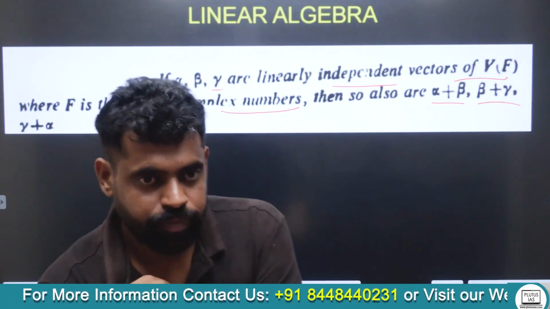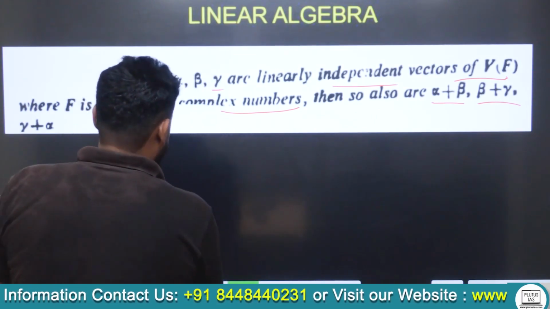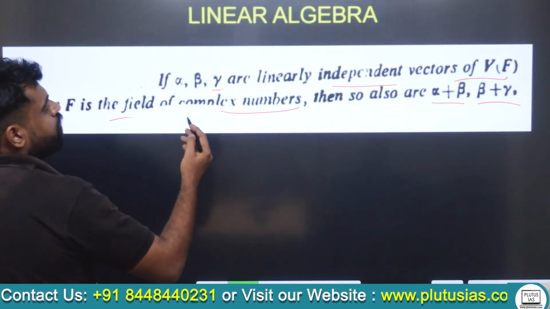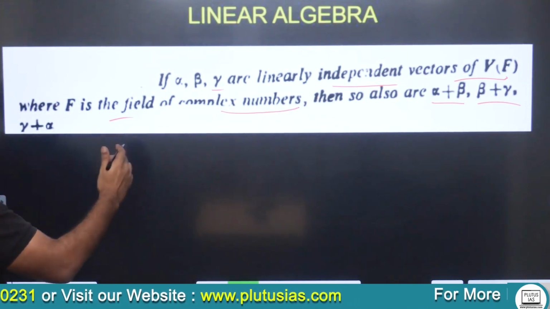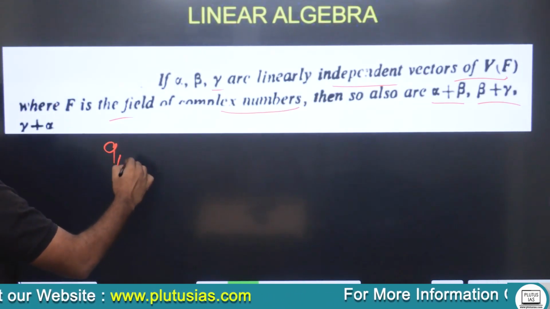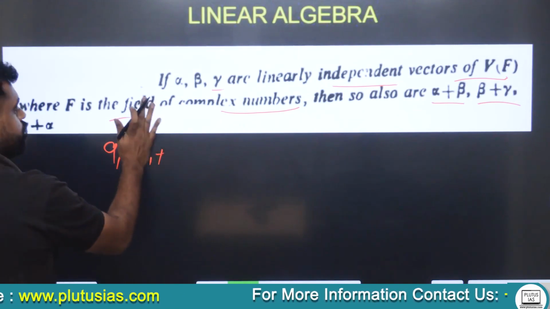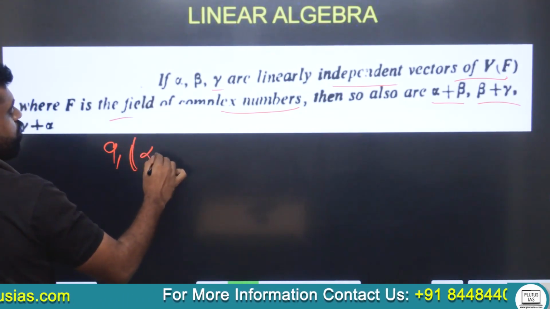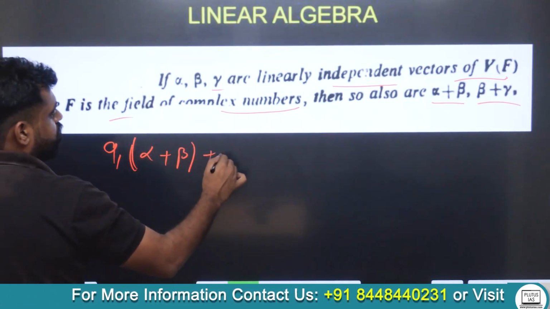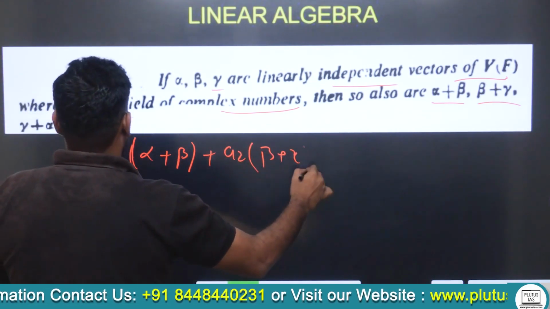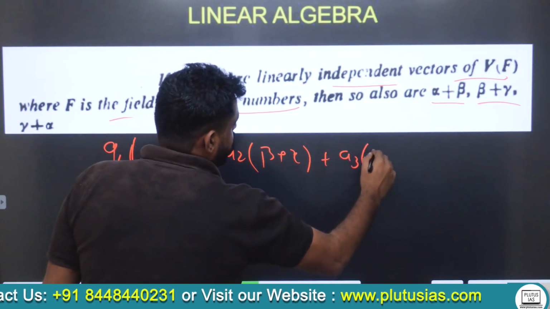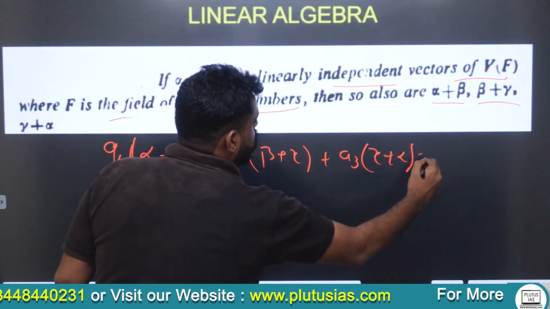Done, it is easy. Okay, so first of all we have to check that this is linearly independent. So we take a1 (alpha plus beta) plus a2 (beta plus gamma) plus a3 (gamma plus alpha) equal to 0.